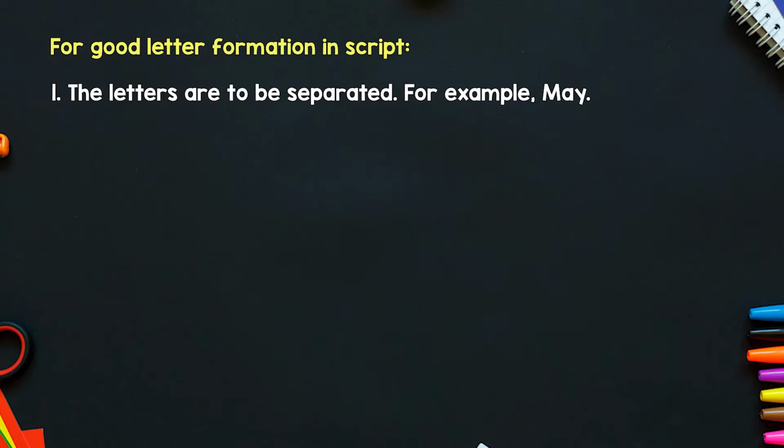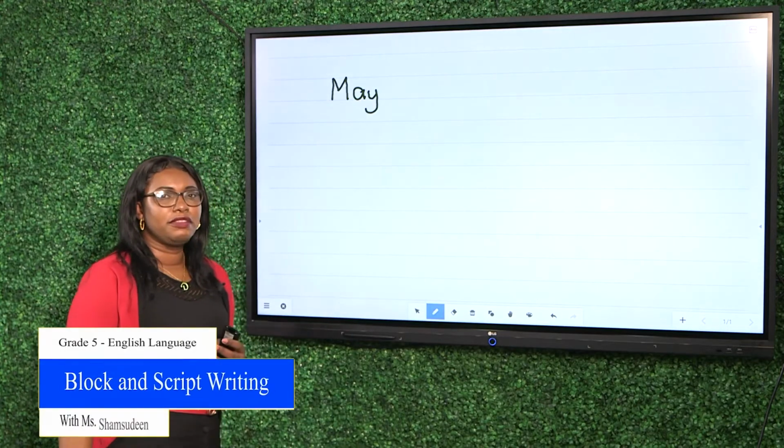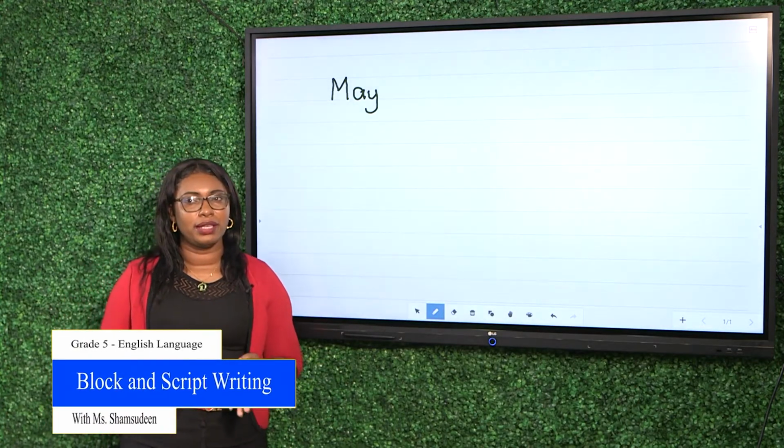So let's say we're writing the month of May. So that's the month of May in script writing. If you look carefully, you will see that all of the letters are separated.